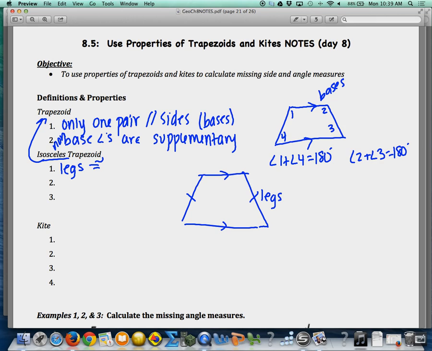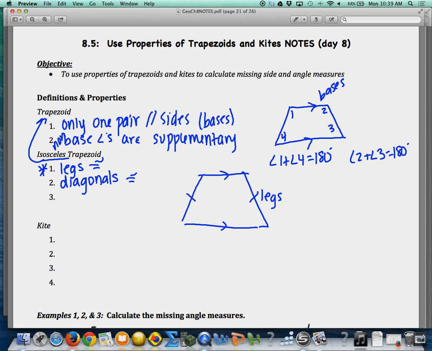So if you have one pair of sides that are parallel and then one pair that are congruent, that's an isosceles trapezoid. Okay, so by definition, the legs are congruent. But then there's 2 other important properties. The second property is that the diagonals are congruent. Okay, diagonals congruent, that's a property of an isosceles trapezoid.